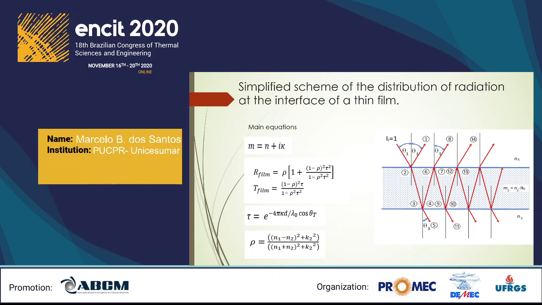We have R film and T film. R film is the variable which analyzes all the energy which is reflected, and T film is all the energy that the sensor of the machine will capture.